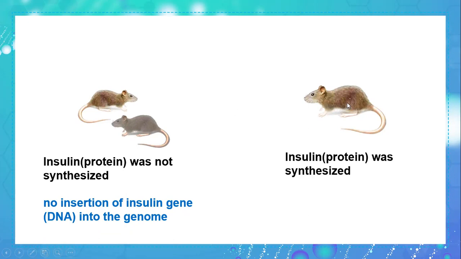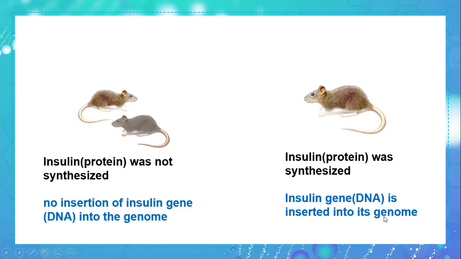However, this mouse showed the synthesis of insulin protein, which means that the insulin gene was inserted into its genome. Then we can conclude that the human insulin gene was responsible for the synthesis of the human insulin protein.